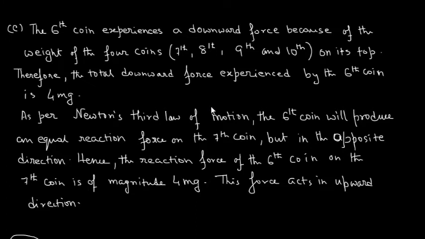As per Newton's third law of motion, the sixth coin will produce an equal reaction force on the seventh coin, but in the opposite direction. Hence, the reaction force of the sixth coin on the seventh coin is of magnitude 4 mg. This force acts in the upward direction. So let us see the next question.